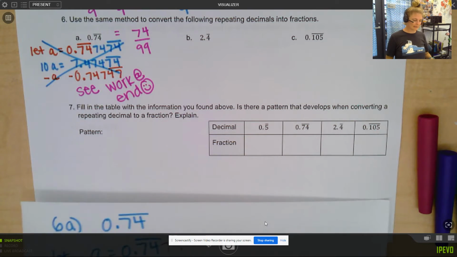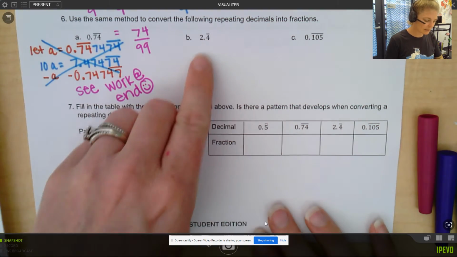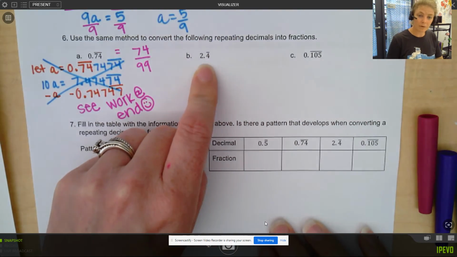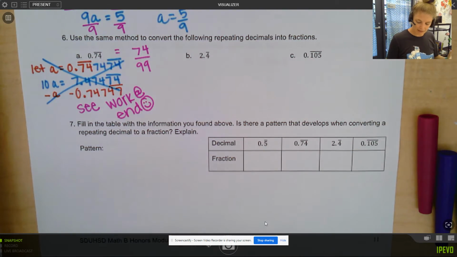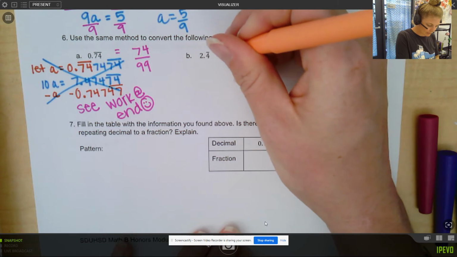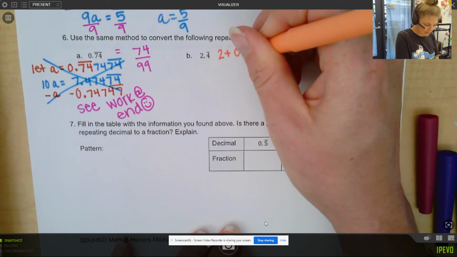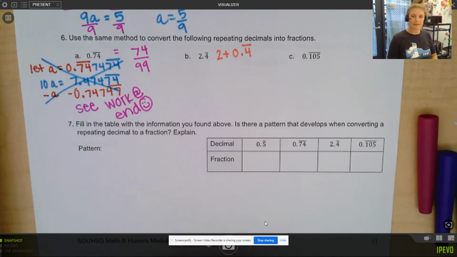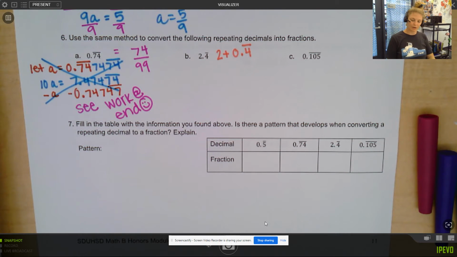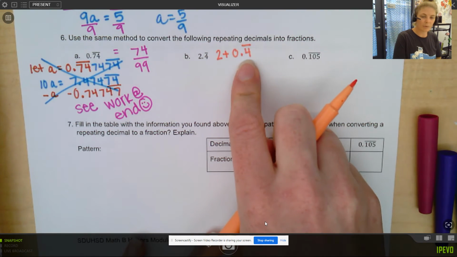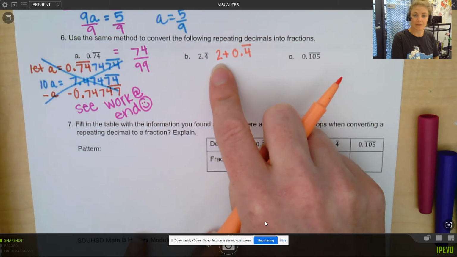Okay, let's take a look at 6b. So when we're dealing with a number like 2.4 repeating, what's really nice is you can always think about this as 2 plus 0.4 repeating. Sometimes it's a little bit nicer to convert 0.4 repeating first and then add the 2 at the end.